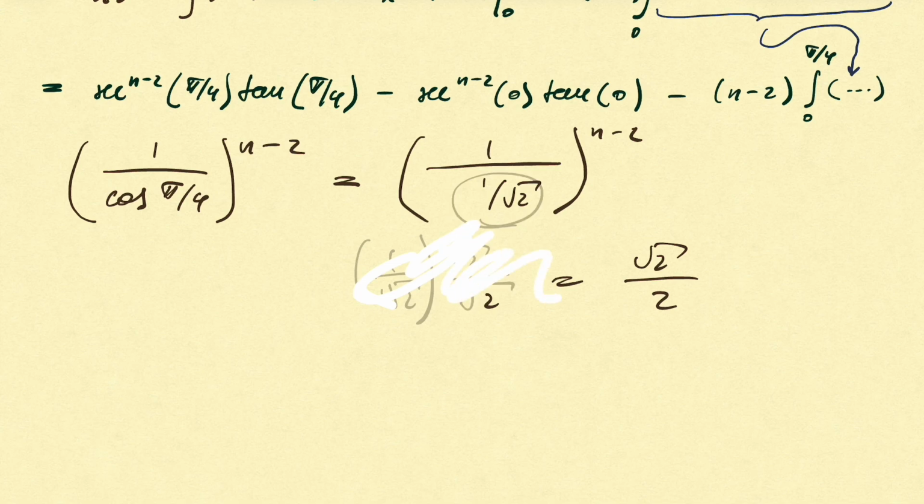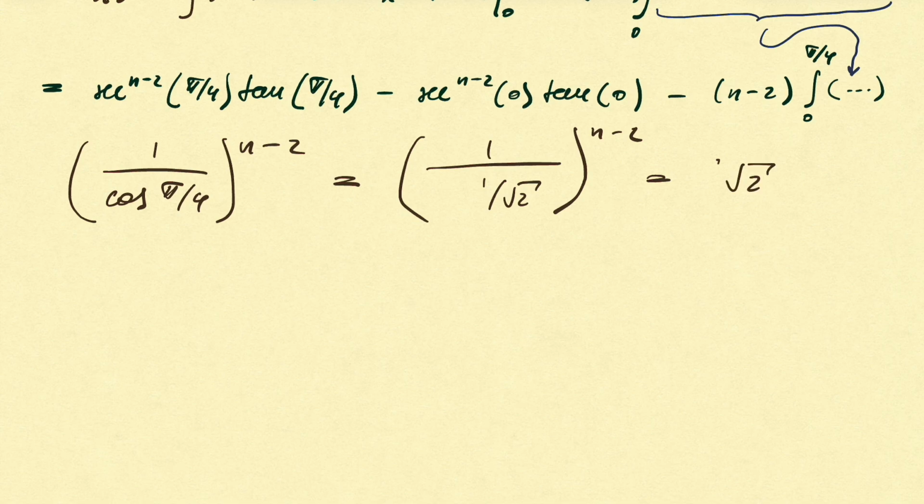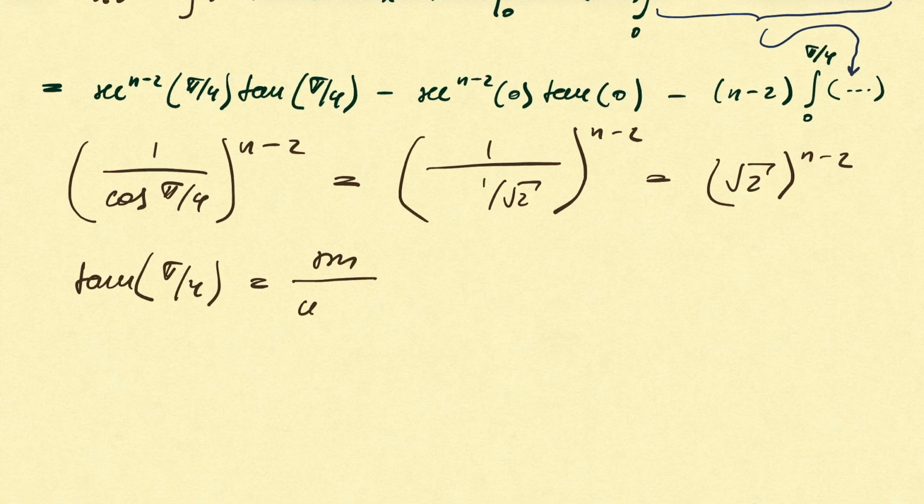Okay, so namely we have square root of 2 to the power of n minus 2 as the value of secant to the n minus 2 of pi over 4. Then tangent of pi over 4 is sine over cosine of pi over 4.